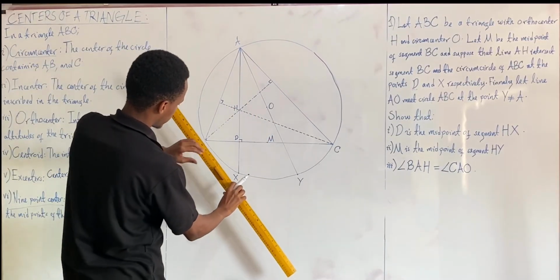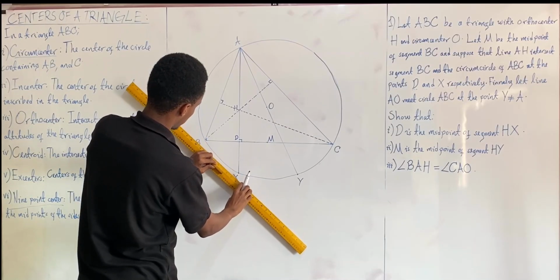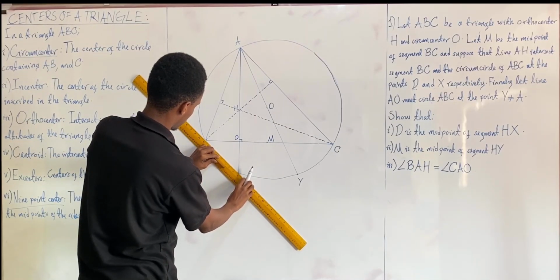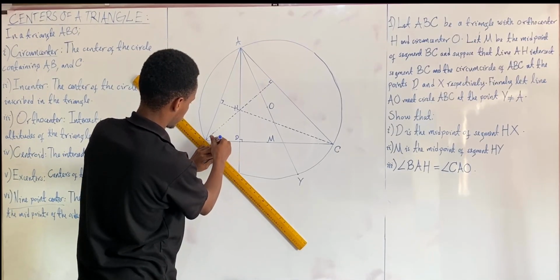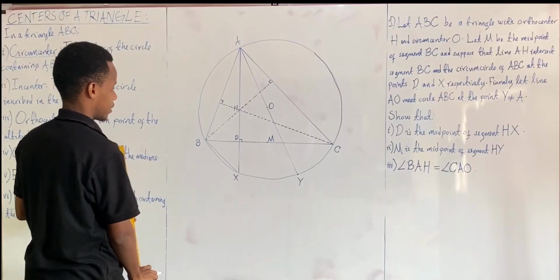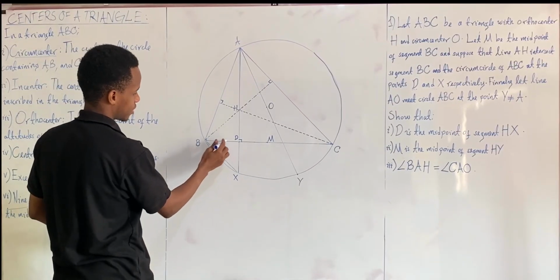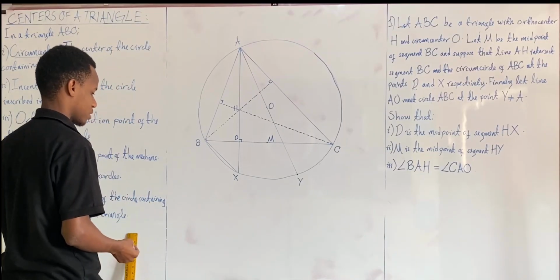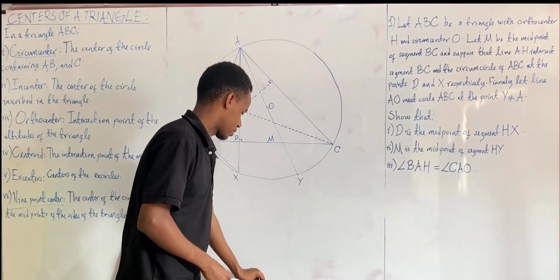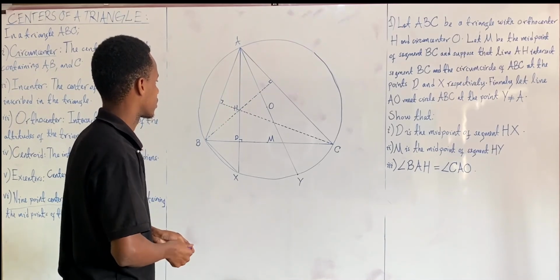So I will join the segment from the point B to the point X. So now we have this segment here. And what I want to do is to show that these two right triangles are actually congruent to each other. And to do that, I will do a little bit of angle chasing.